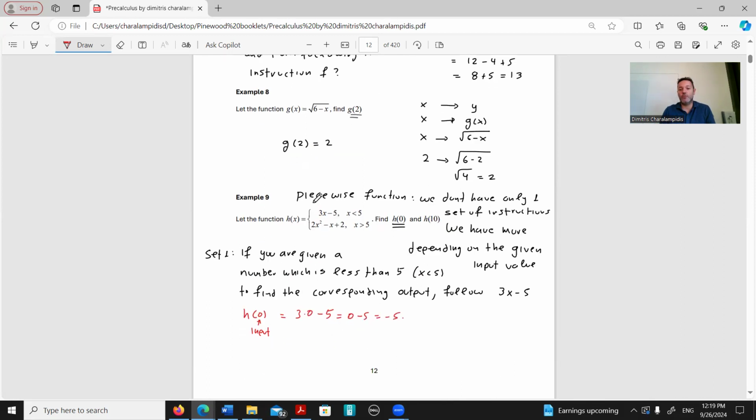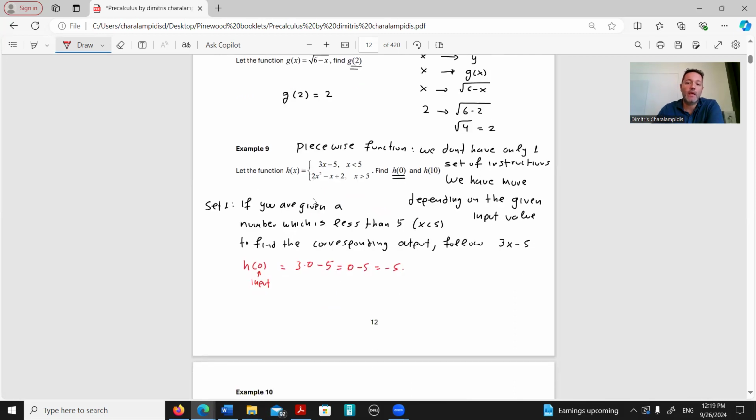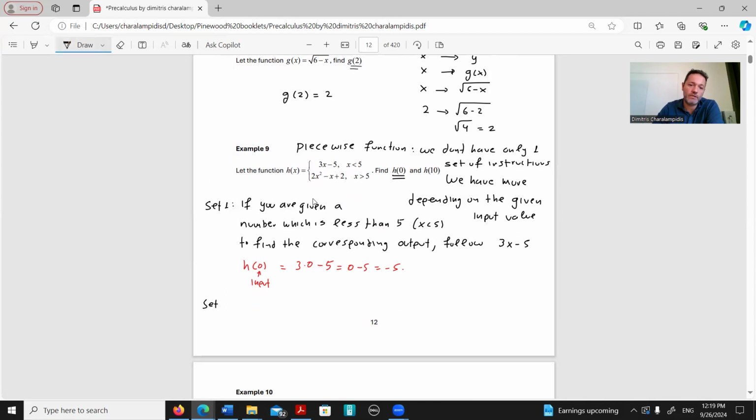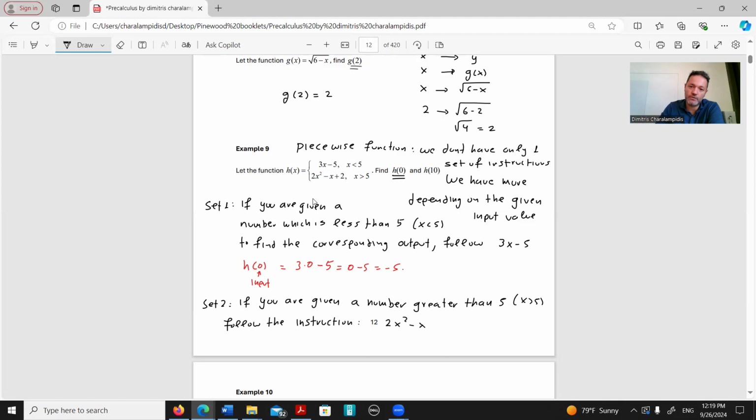On top of that, we were also told that if, however, you are given, in the second set, a number greater than 5, follow the instructions 2x squared minus x plus 2.